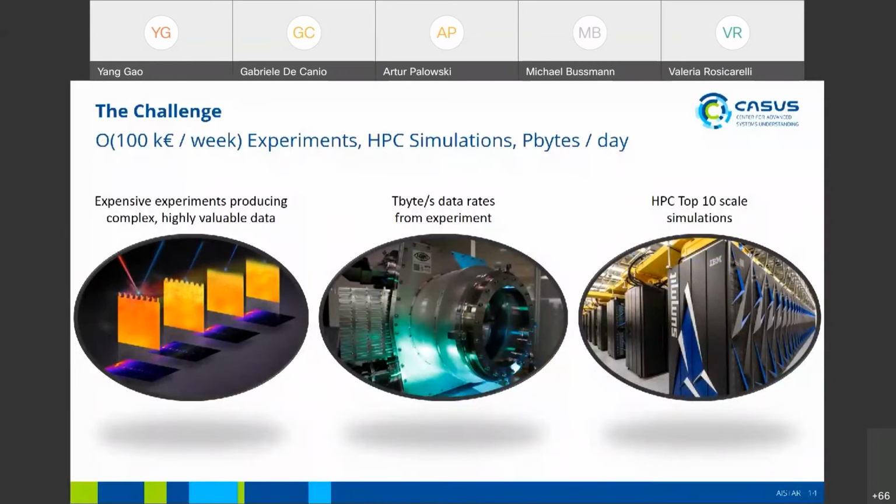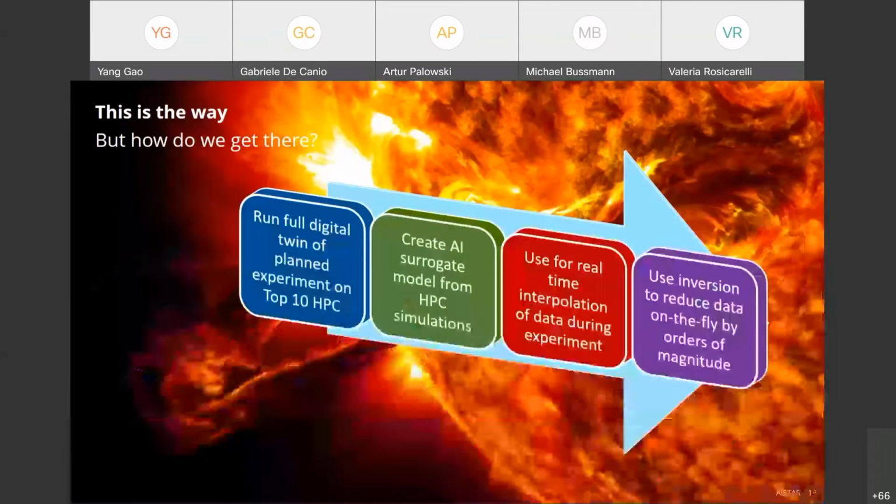And in order to go there, we now have the problem of streaming data from simulations, streaming high quality data from detectors, and bringing all this together at a time of about a week, where we need to make tough decisions on how to really perform the experiments at those facilities optimally, because those experiments typically cost on the order of 100K euro per week. So this is really expensive.